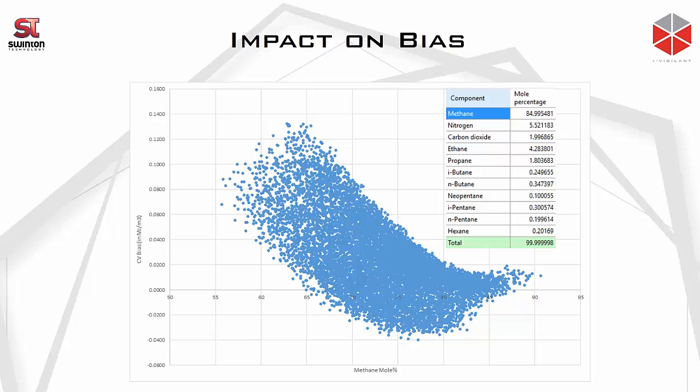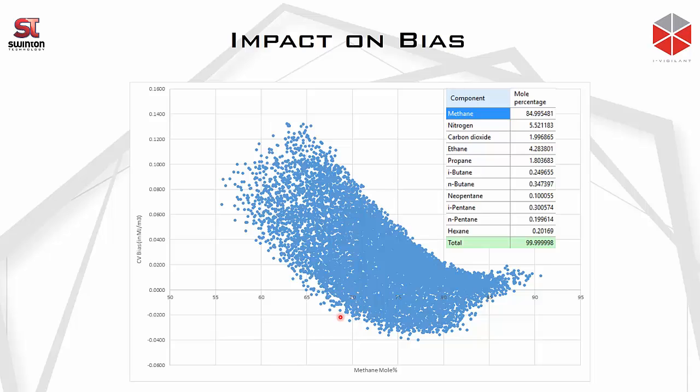But every time methane operates at 85%, we can be sure that the error or the bias is less than plus or minus 0.02 megajoules per standard cubic meter. But as we move away from around 85%, let's say in our particular example just now, we operate at 65% or 70%, we then generate an error that is quite big.